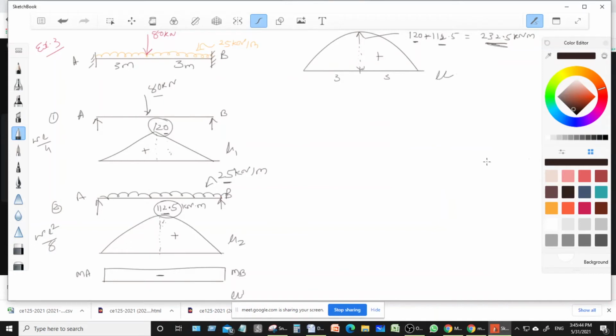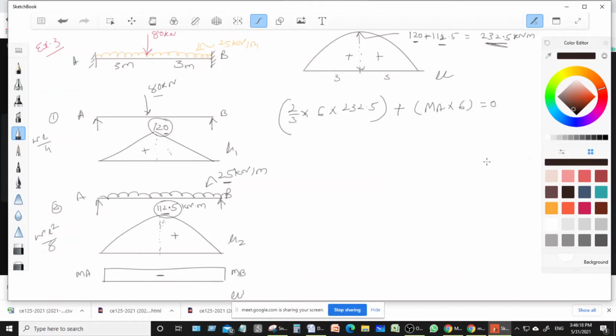Once you have that final mu diagram, we have the equation: the area of the mu diagram is 2 by 3 into base, which is 6 meter, into height, which is 232.5. This is the area of the mu diagram, 2 by 3 because it is parabolic, plus the area of the mu dash diagram, which will be MA into 6, equal to 0.